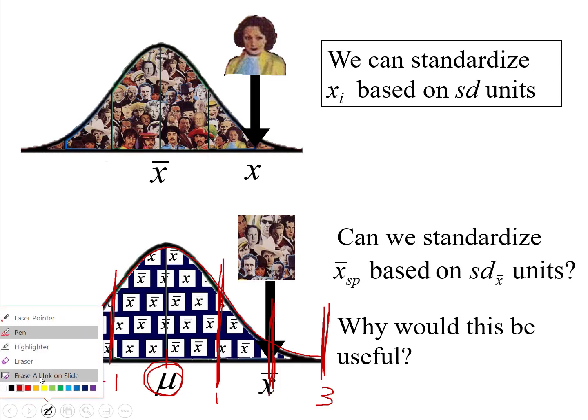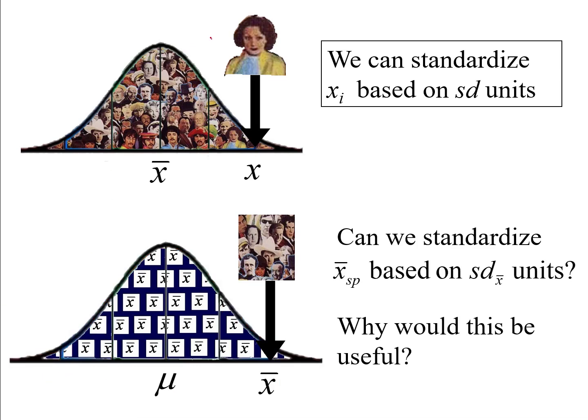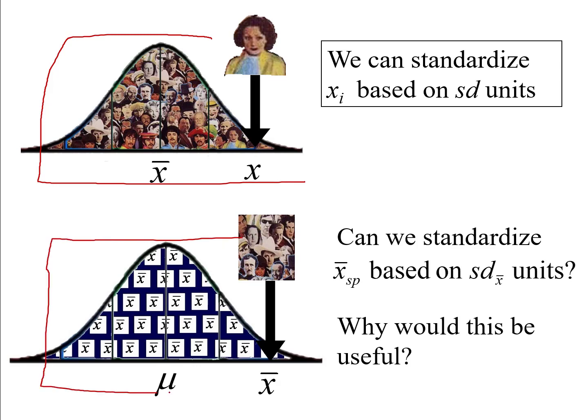So just as we can, in our top distribution here, take a distribution of cases from a sample and mark it off in standard deviation units, with our bottom distribution, we can mark that off in standard error units. And in the top case, we know that sometimes our distribution might fit this normal shape, but for the bottom example here, we know it will essentially always fit that normal shape.